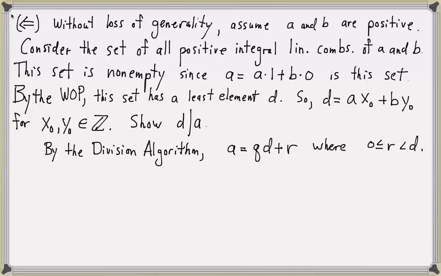But I can rewrite R as A minus QD, and let's substitute in for D. So D, recall, is A times x0 plus B times y0.